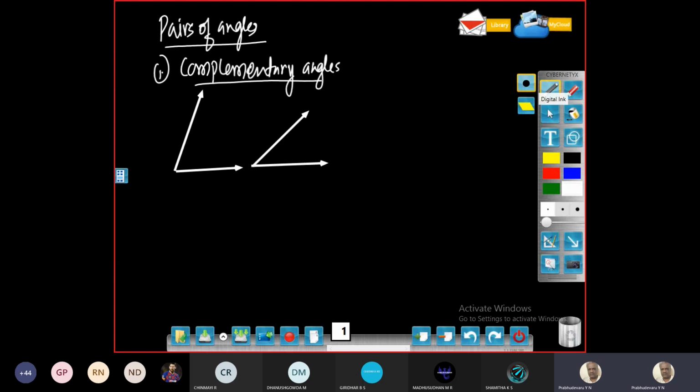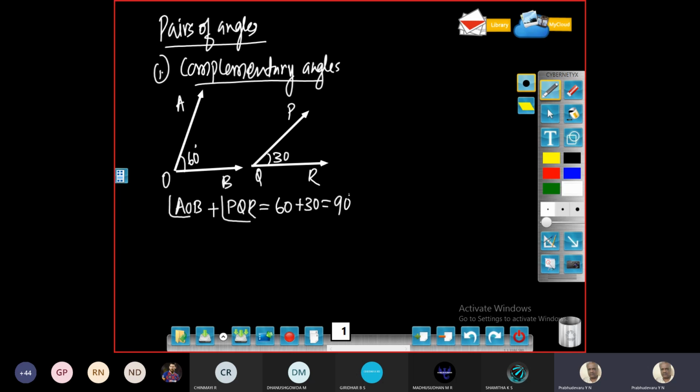I will mention this angle as 60 degrees and this one as 30 degrees. Let us write A, O, B, and here P, Q, R. Now angle AOB plus angle PQR, the sum of these two is 60 plus 30, which is 90 degrees.